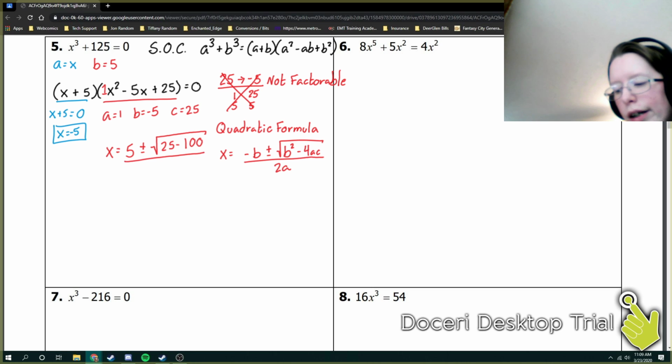All divided by 2a. So 2 times my a value, 2. Now I just work to clean this up. 5 plus or minus square root, 25 minus 100 is negative 75. And divided by 2.